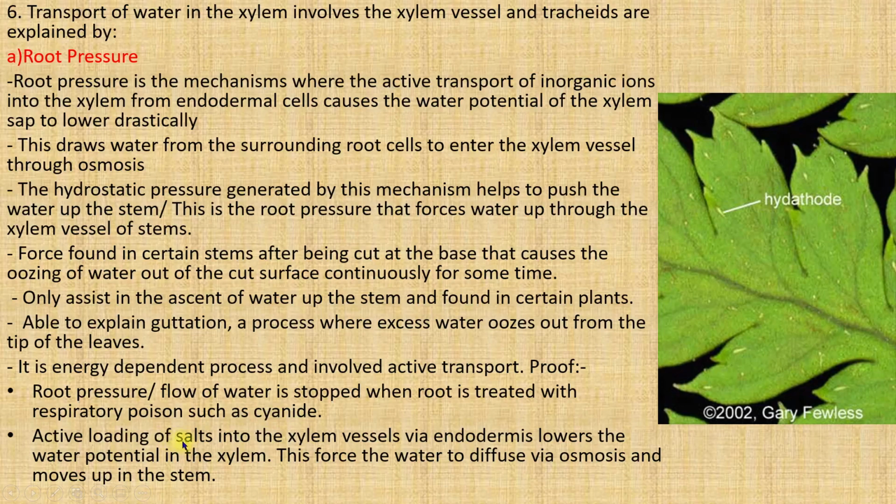Active loading of salts into the xylem vessels via the endodermis will lower the water potential in the xylem. This forces the water to diffuse via osmosis from the roots into the endodermis, and the water will move up in the stem, inside the xylem.